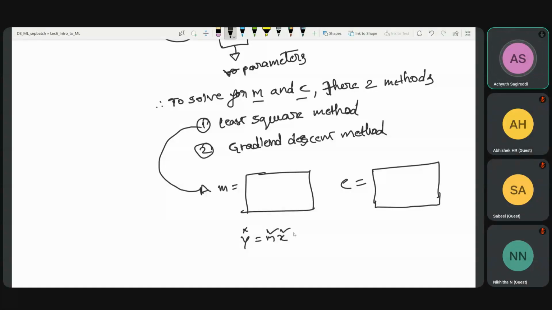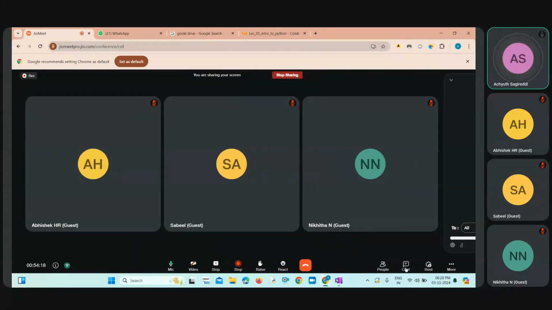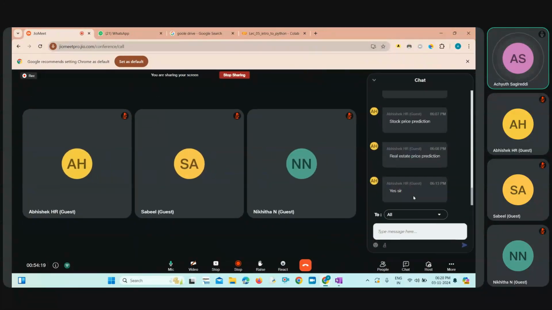For any given value of x, you can find y, right?